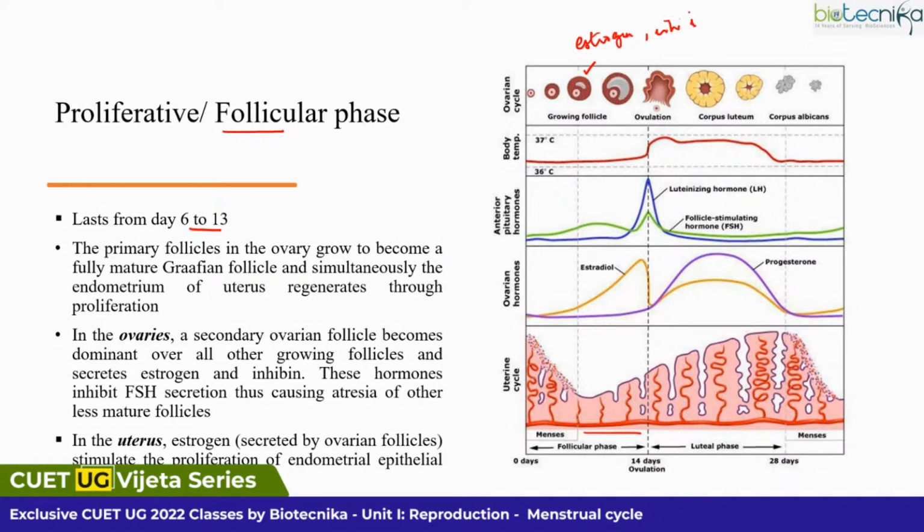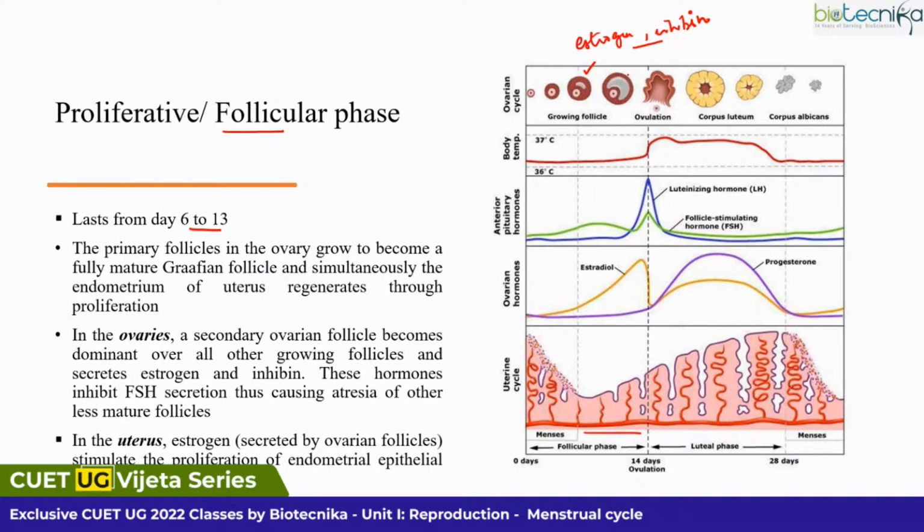These hormones, when released, will cause atresia of other less mature follicles. I told you atresia means the less mature follicles will not be able to go towards the next phase, that is the Graafian follicle, or they will not mature. So only one follicle is maturing.